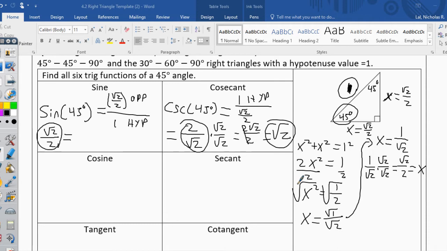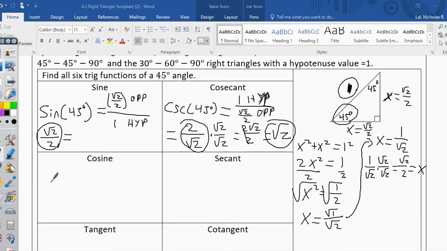Cosecant, that's 1 over root 2 over 2. The 1 is the hypotenuse, over root 2 over 2, which is the opposite. So these are reciprocals. The sine of 45 is opposite over hypotenuse. The cosecant of 45 is hypotenuse over opposite. So you flip your numerator and denominator.